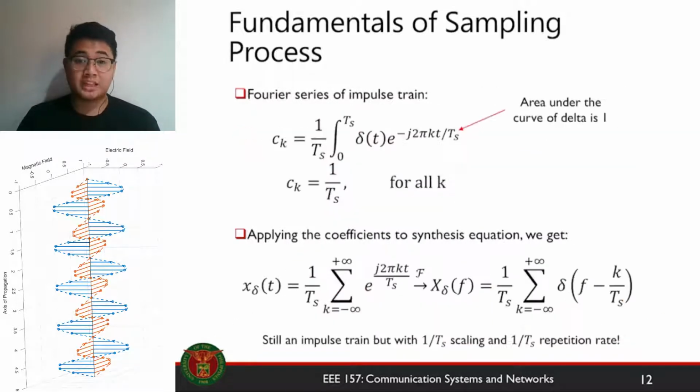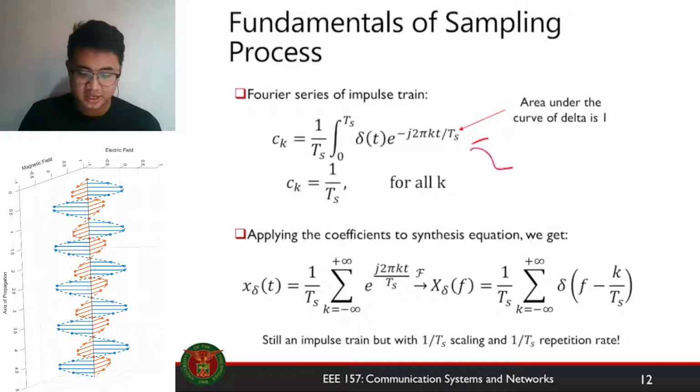First, we need to get the frequency content of your sampling signal. Since it's a periodic signal, the impulse train, we want to get the Fourier series. The Fourier coefficients of your impulse train can be obtained using your Fourier series analysis equation. So this is your analysis equation, okay? And by the property of your delta function, all of its value is concentrated at t equal to 0.